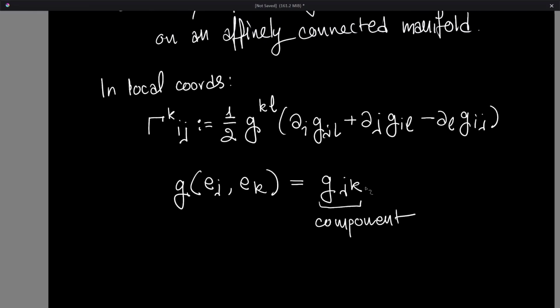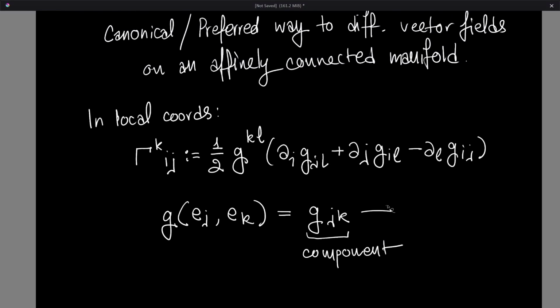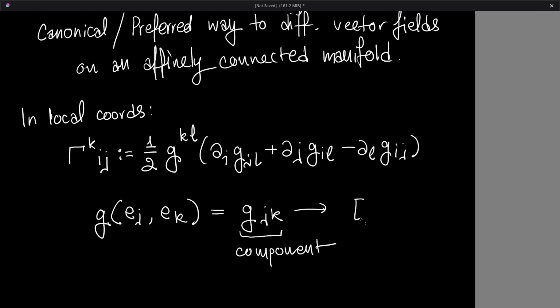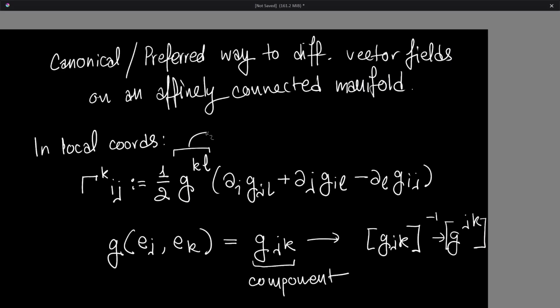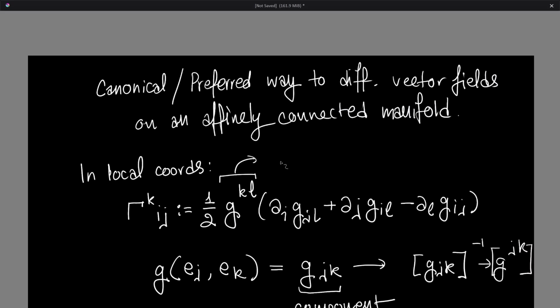And that's what we're doing here. And if you put this into a matrix, then you get the matrix g j k. I'm going to write it like this so that we can separate it from the tensor. But if you take the inverse of this matrix, then you get this matrix g j k with upper indices. These are the components of the inverse of the metric.